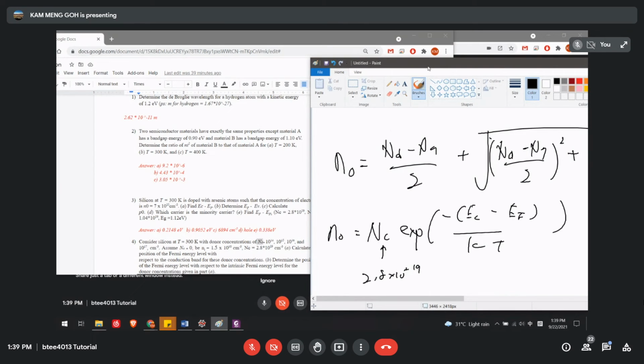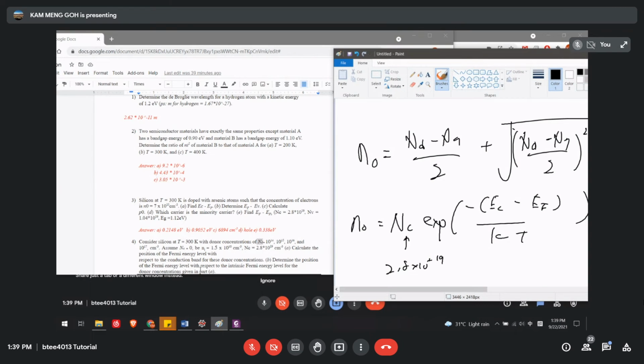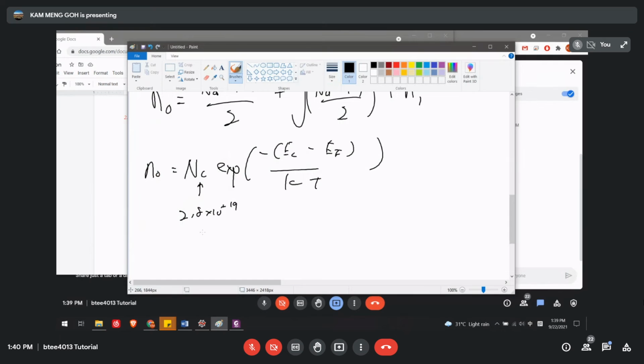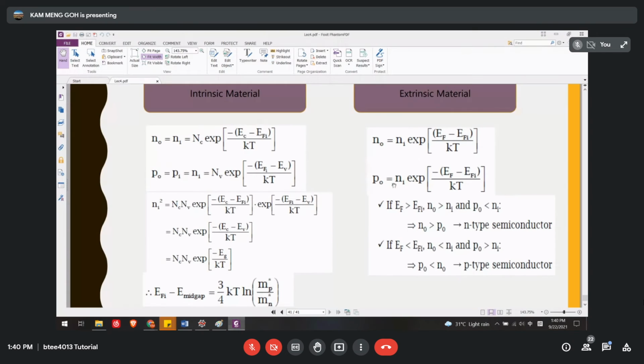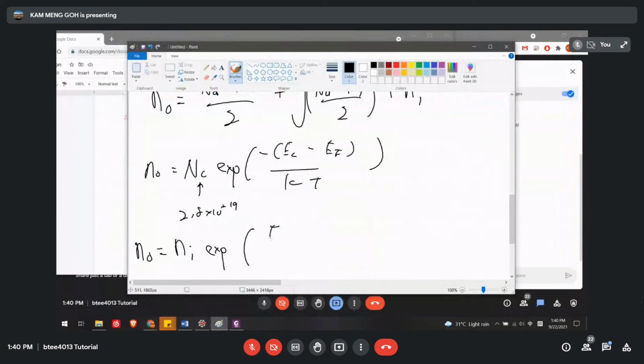Okay, and then determine the Fermi energy level with respect to the intrinsic Fermi energy level. In order for you to do this, you can also write it this way: NO equals to NI exponential (EF minus EFI) over KT. You can refer back to lecture 4, this formula.